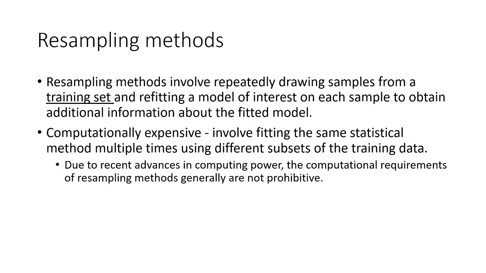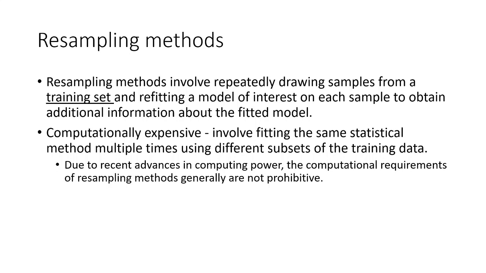So we refit the model again and again on each of the samples that we make in order to obtain additional information about the fitted model. We're not just having one training set and building one model and being happy with it. In resampling methods, we resample and refit the model of interest again and again.